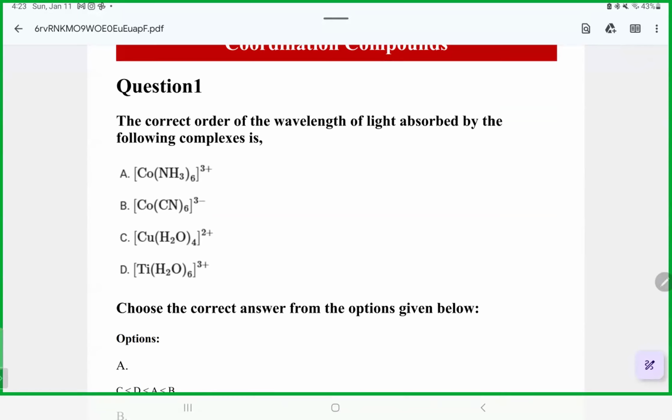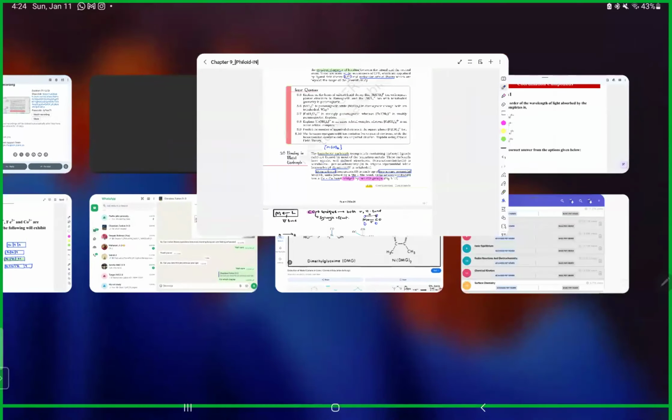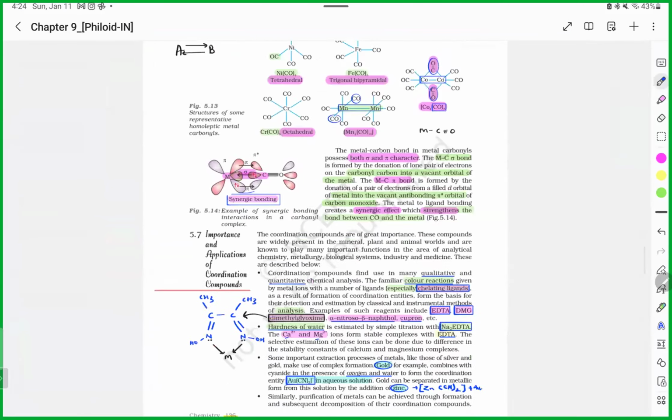Wherever you have strong ligand, more energy. Weak ligand, less energy. Charge also matters in this case. How much charge is given in this case? Got it? So wavelength inversely depends upon the ligand. Why? I told you. I will write here in the end.